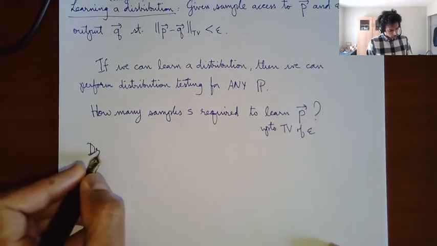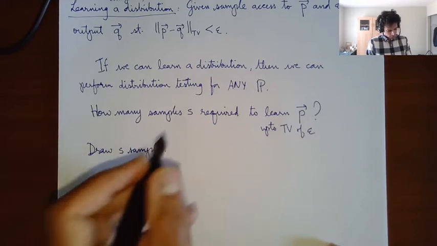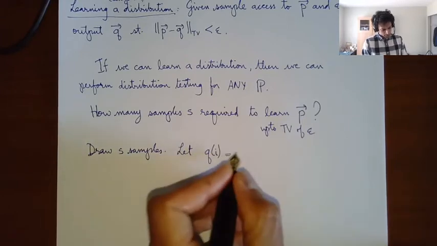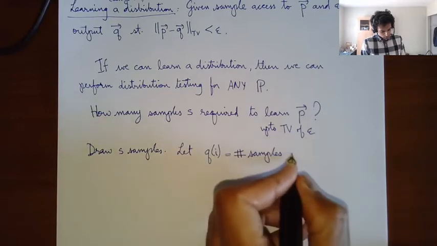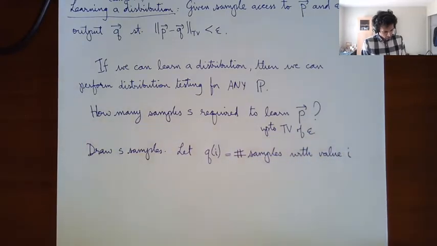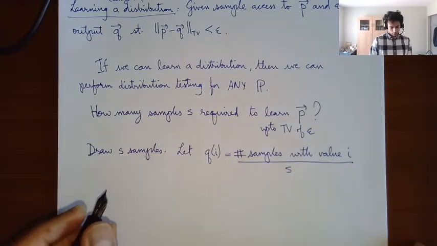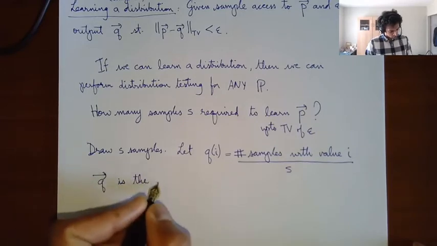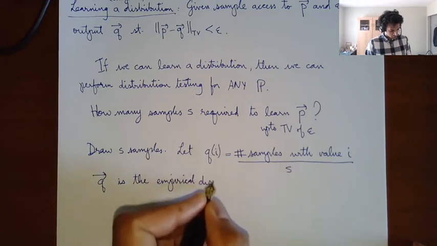So draw S samples. Let Q of i be the number of samples with value i divided by the total number of samples. So the vector Q is the empirical distribution.